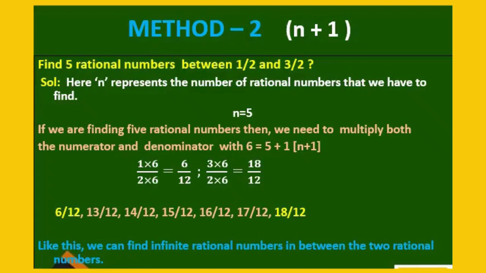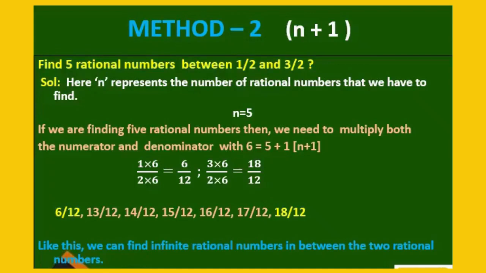Now children, can you tell me the rational numbers between 6 by 12 and 18 by 12? Yes. The rational numbers between 6 by 12 and 18 by 12 are 7 by 12, 8 by 12, 9 by 12, 10 by 12, 11 by 12, 12 by 12, 13 by 12 until 17 by 12.